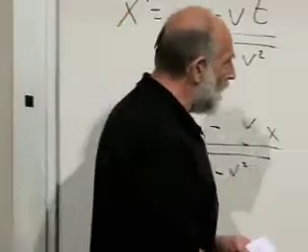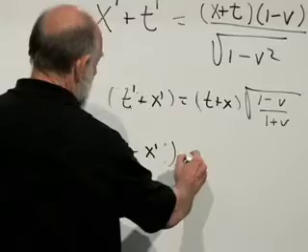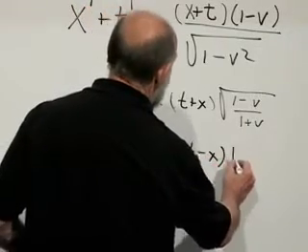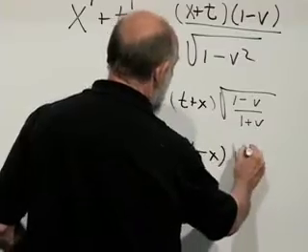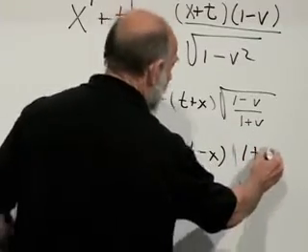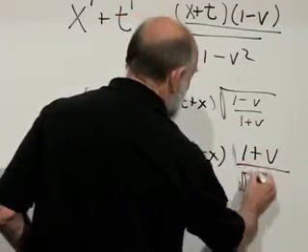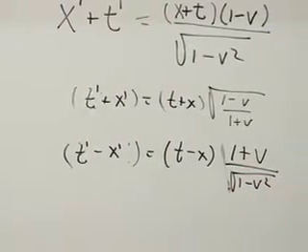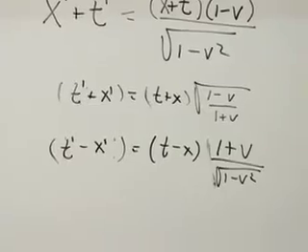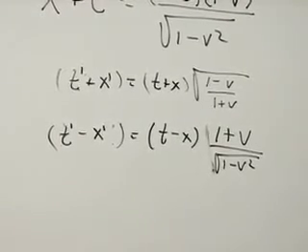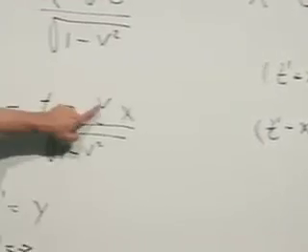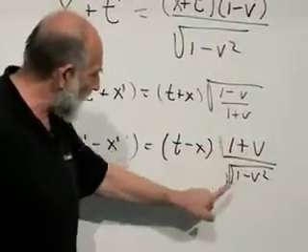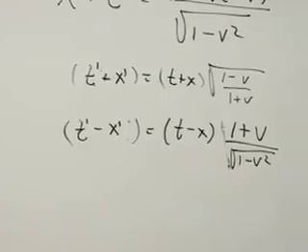What do we get then? We get t minus x times 1 plus v divided by the square root of 1 minus v squared. We'll get a 1 plus v because of the opposite sign that appears here. We'll get t minus x, and then minus v times x minus t. That all adds up to 1 plus v divided by the square root of 1 minus v squared.